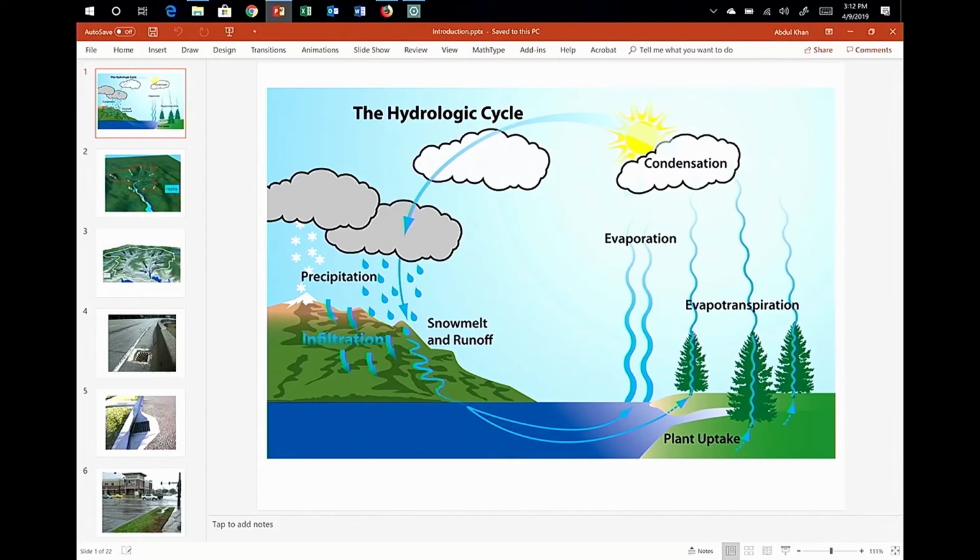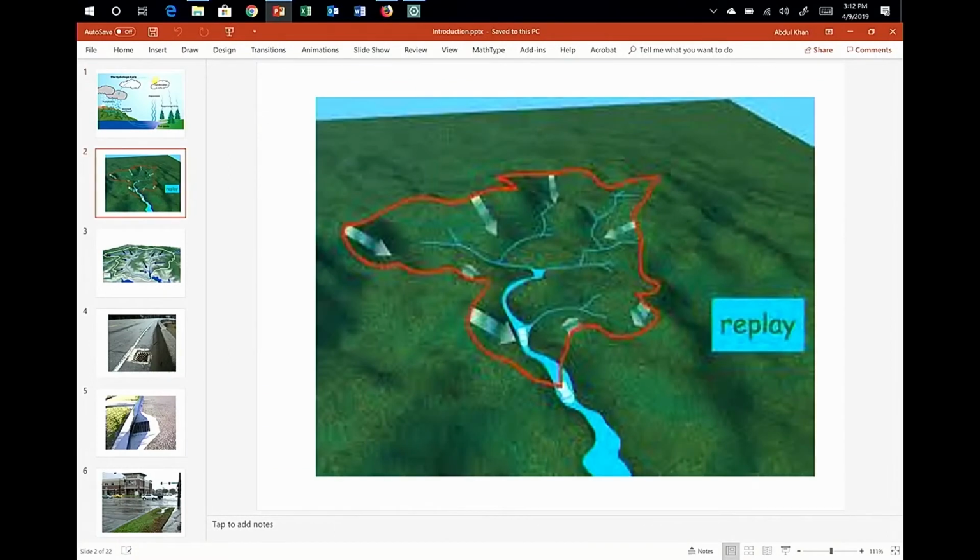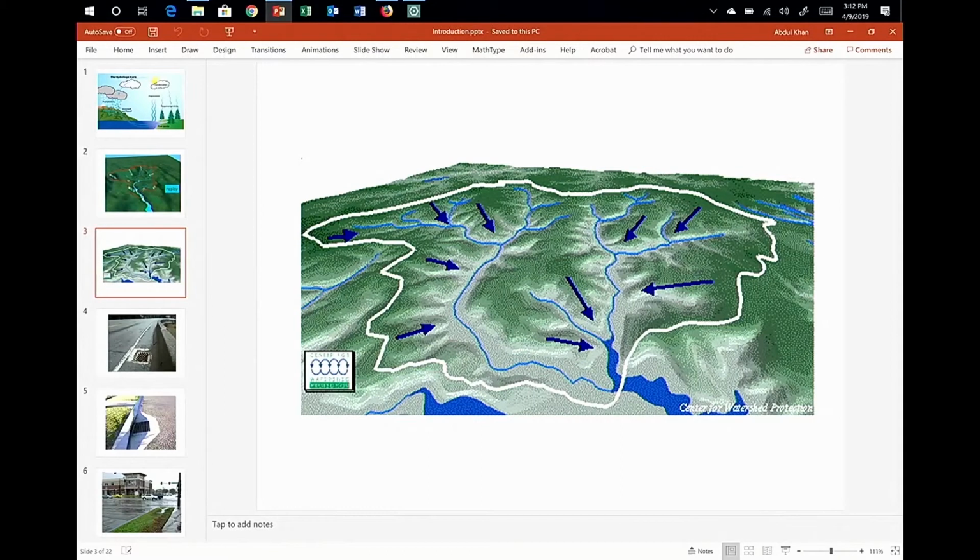So you have a plant uptake. So that's a quick overview of the hydrologic cycle. We will go through more details of hydrologic cycles later on in Unit 1, but just for this purpose, this is pretty good. Actually, this slide is not very good, but this is.